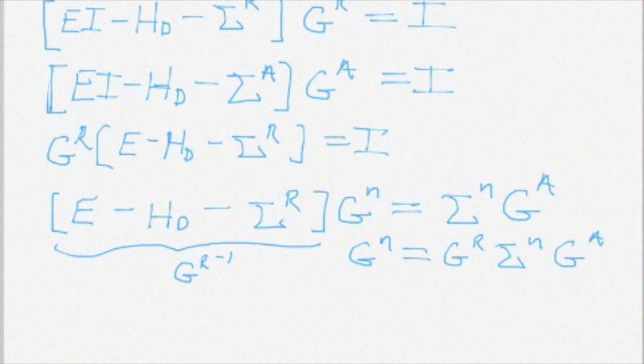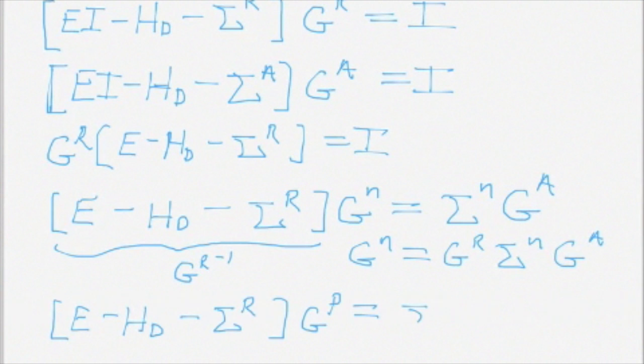And similarly for G_p, E minus H_D minus sigma R acting on G_p is equal to sigma p. So again, Gp is GR sigma p GA. So these are the two new equations.